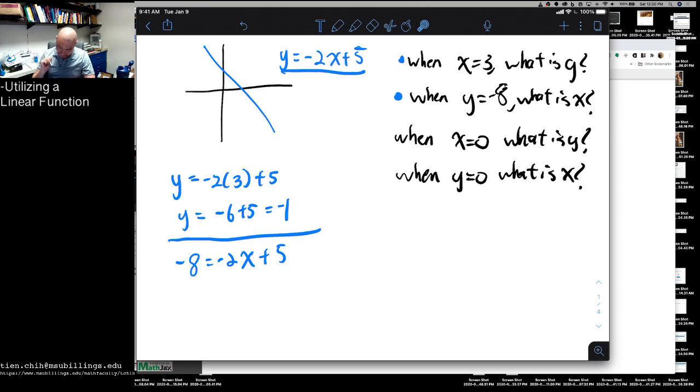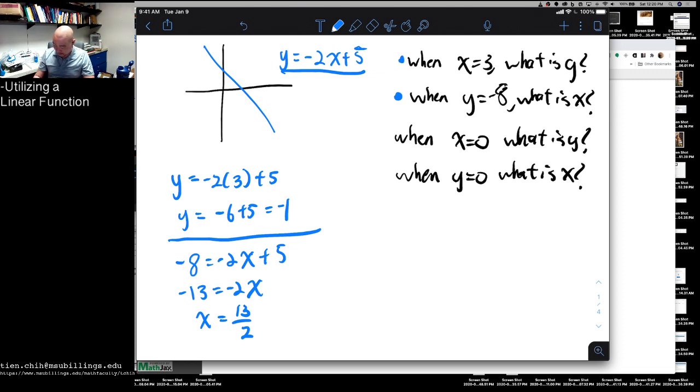So we put negative 8 in for y, we leave x alone, and now we're going to see what x is. Well, what we know is that minus 13 is minus 2x, so x itself is 13 halves.